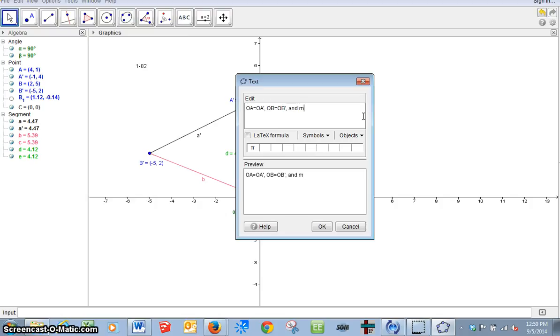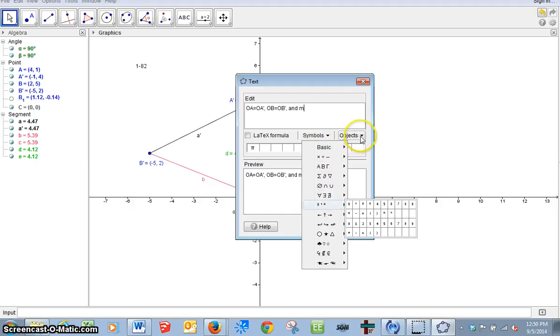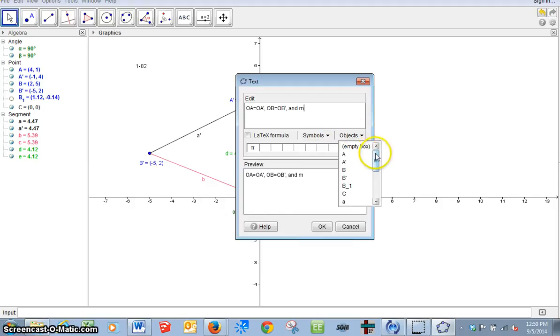And we can say the measure of angle, okay, I'm going to have to use words. The measure of angle AOA prime. That's not an O, that's a 0. That's not a capital.